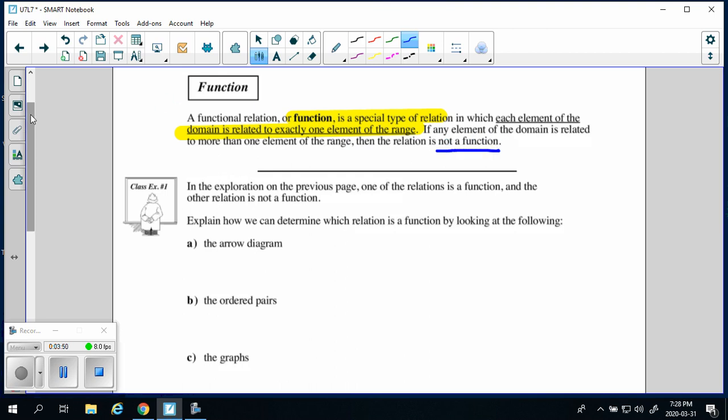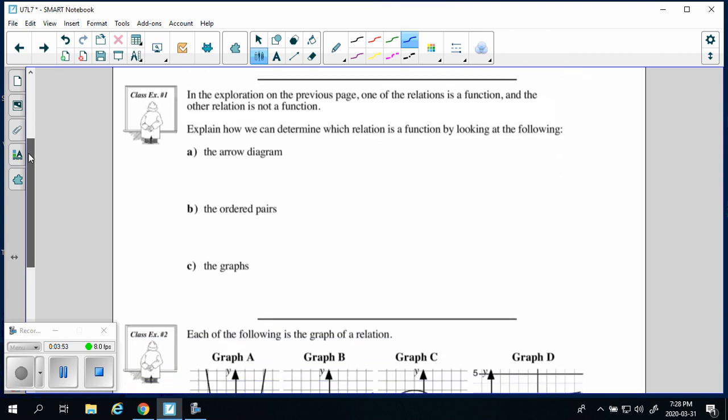So that's quite wordy, and it's a bit hard to understand, so we're going to do a couple of examples as to what this might look like. If you have an arrow diagram or a mapping diagram, and you have your x values here, and your y values here, you might have a function where the number 1 maps to the number 2. And maybe if you have the number 3, it maps to the number 4.